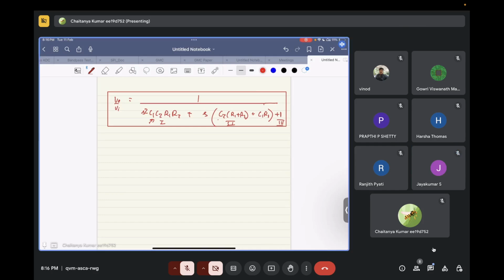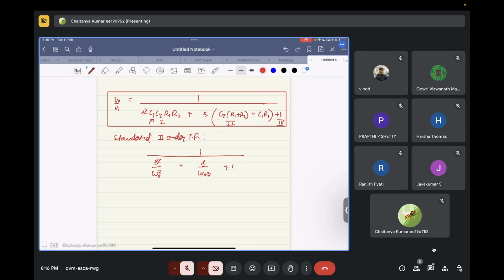If some of you have taken control systems, you would have studied that a standard second order transfer function looks as follows: 1 by (s square by omega naught square plus s by omega naught q plus 1).